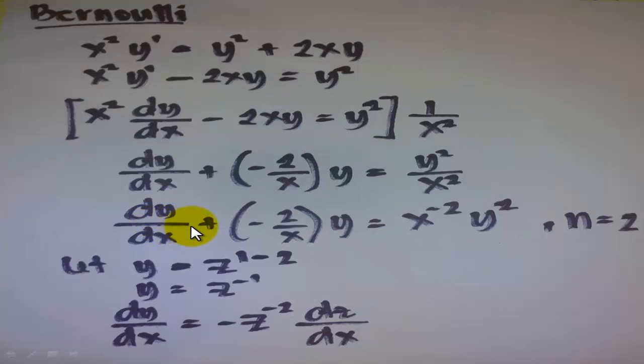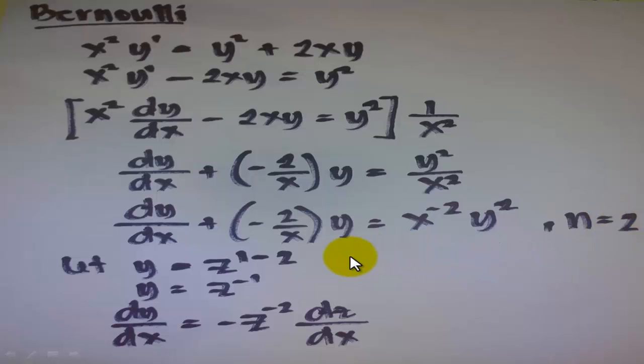You have dy/dx + (-2/x)y = x^(-2) y^2. Now you have to look, this is your y to the n, right? Now your n represents the exponent, which in this case equals 2.